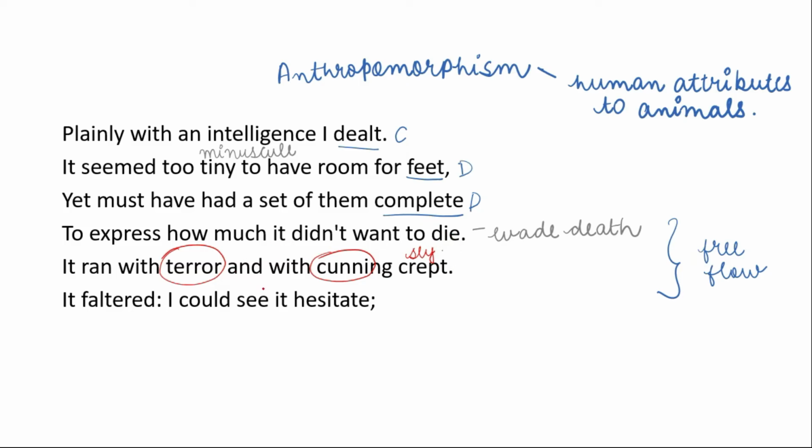It faltered. I could see it hesitate. So he's saying finally it lost momentum. And I could see it hesitate means he was reluctant about something, as if maybe deliberating what to do next.